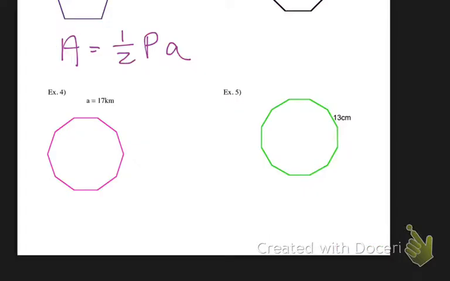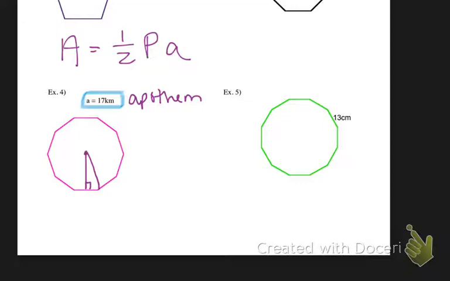Okay, I am jumping to number 4 on the back. We're going to start with problems where we know what the apothem is. So for example 4, we are being told that lowercase a, which is the apothem, is 17. So if you remember, the very first thing I want you to do is draw an apothem and a radius so that you get a right triangle inside of your polygon.